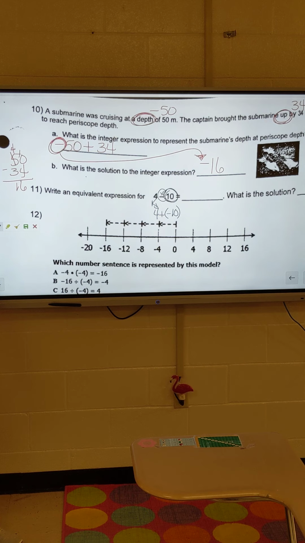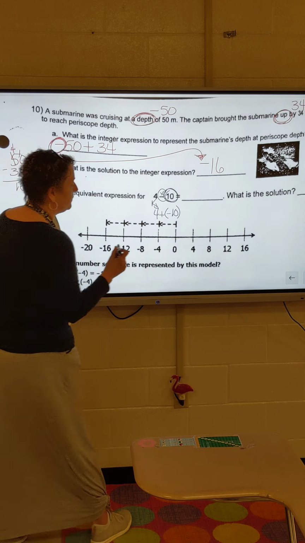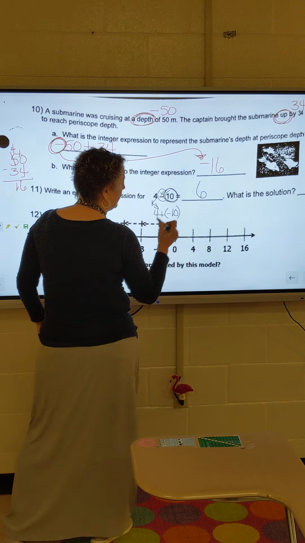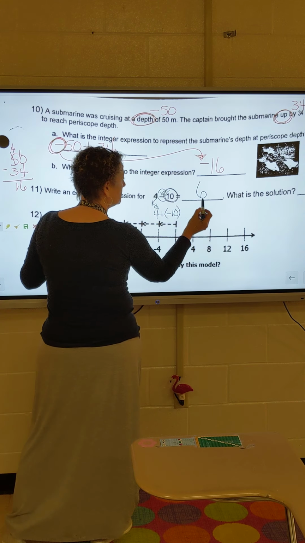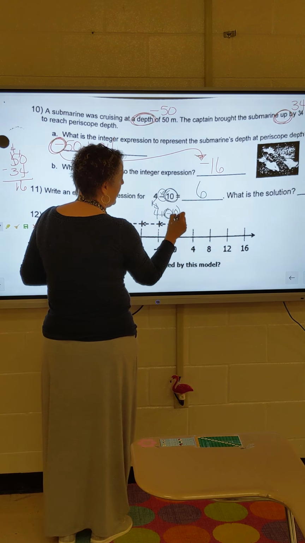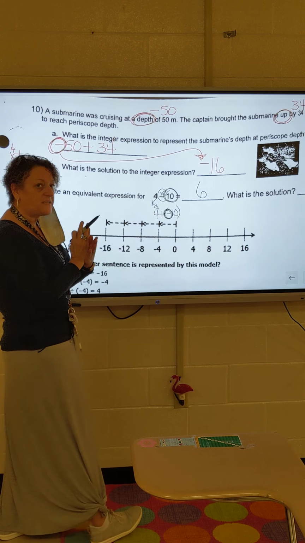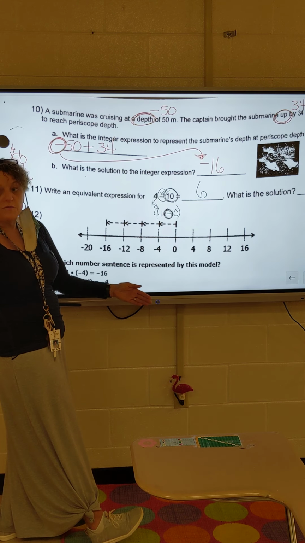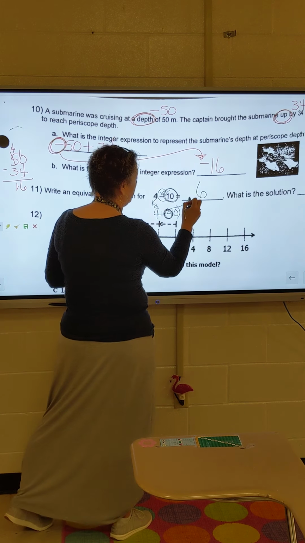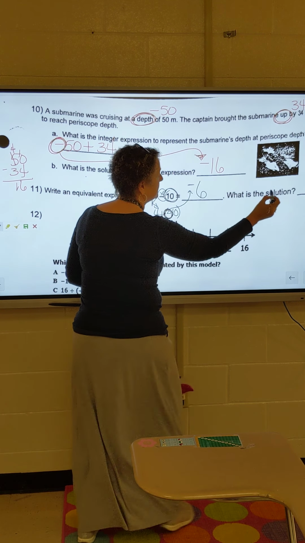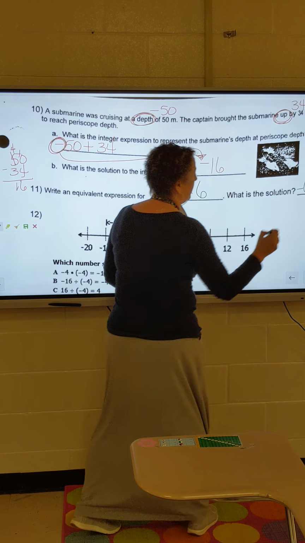Are the signs alike? No. And if the signs are different, what do we do? We're going to subtract and get 6. And then because negative 10 is farther from 0 than positive 4, that negative goes with the 6, making our solution a negative 6.